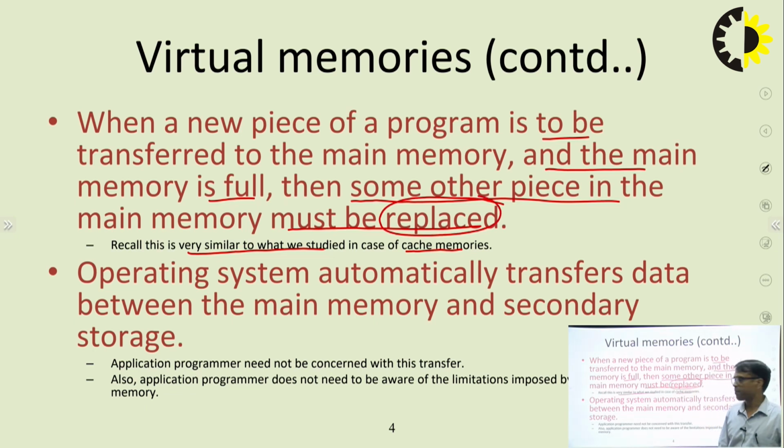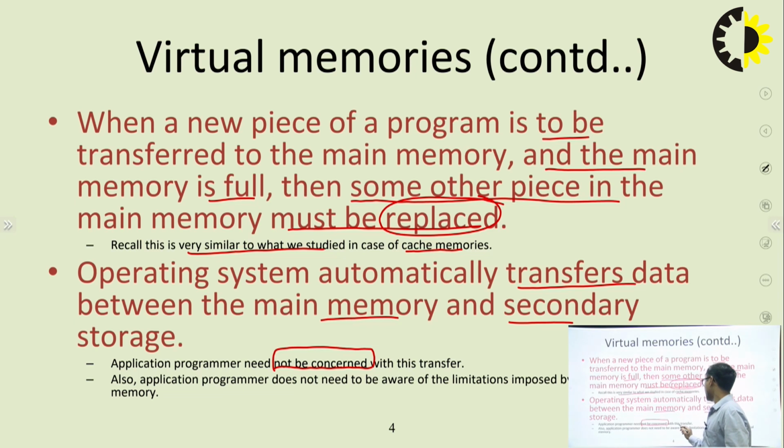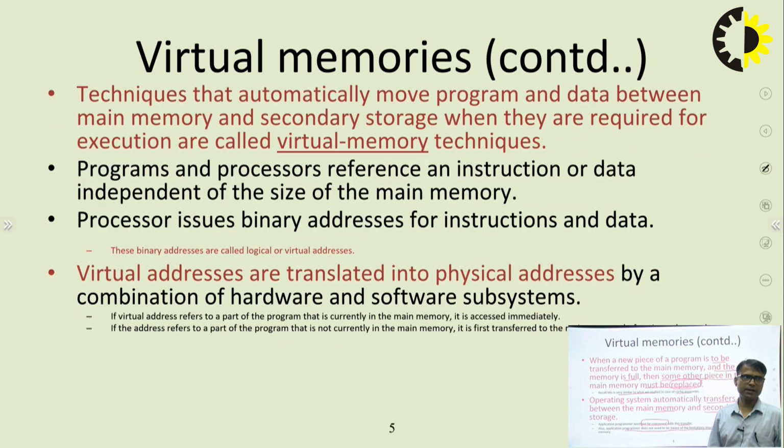The operating system automatically transfers the data between main memory and the secondary storage. The application programmer need not be worried, and there is no concern for the programmer, as it will be transferred by the operating system. Also, the application programmer does not need to be aware of limitations imposed by the available physical memory. Usually the programmer does not bother about the space available; the operating system takes care of the space availability.